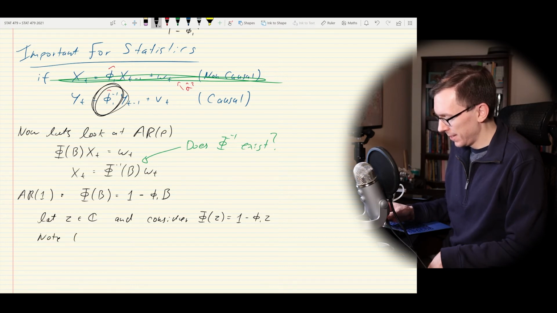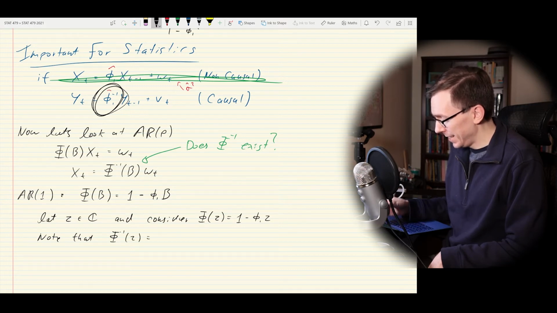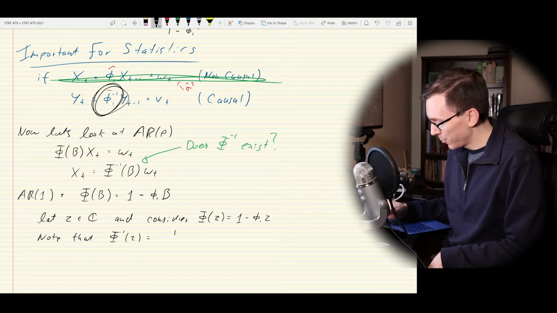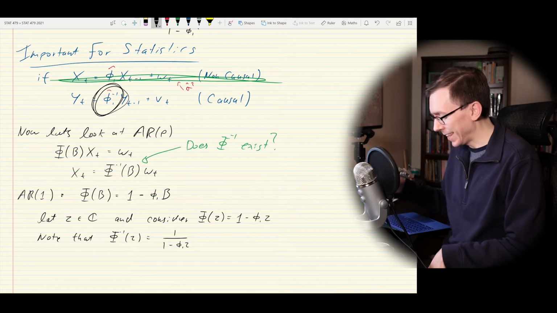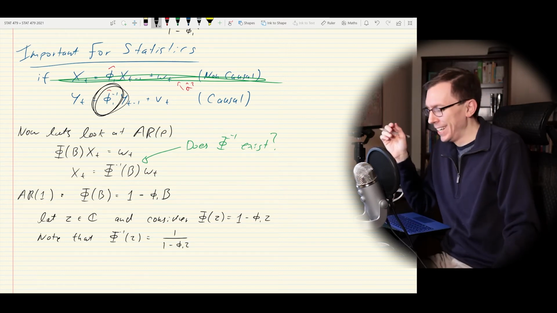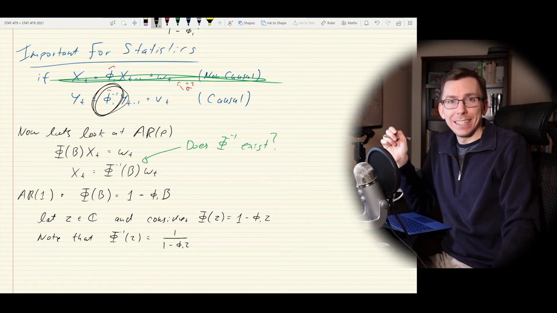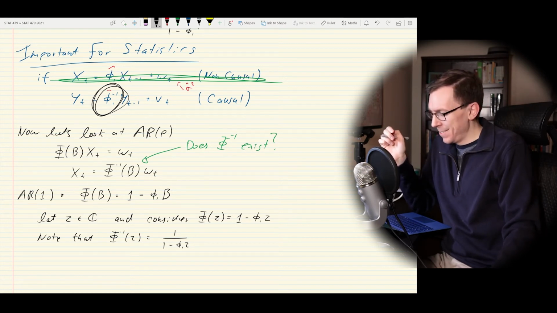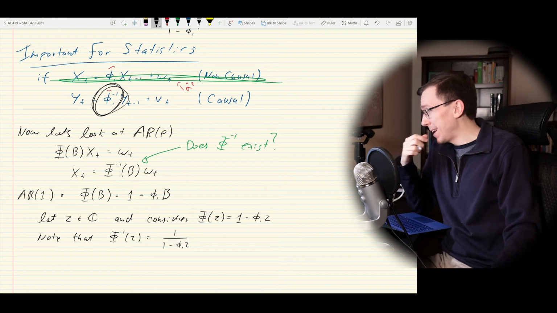Okay, so note that phi inverse of z can be written as 1 over 1 minus phi 1 z. That's just taking the reciprocal. And then the question is, does that make sense? Can we divide by that?